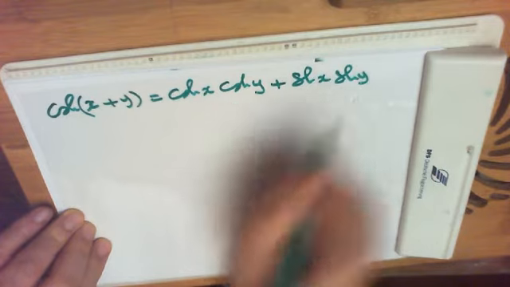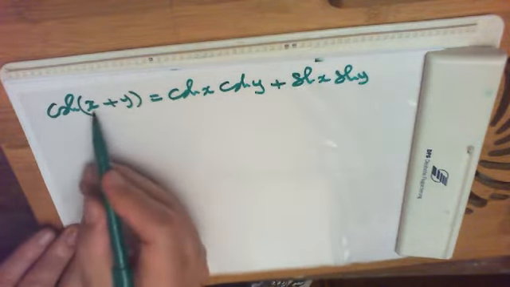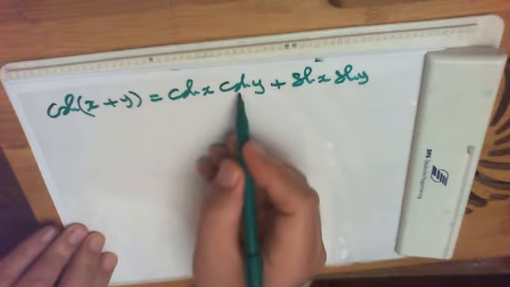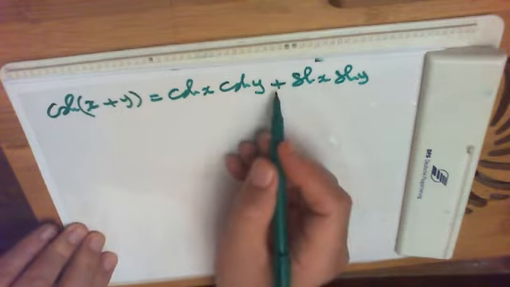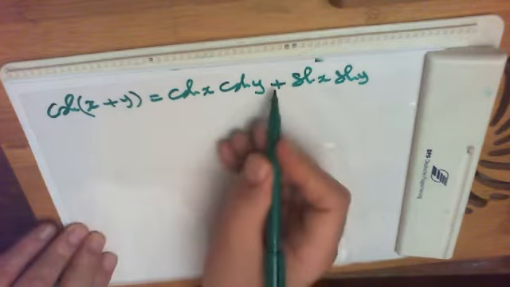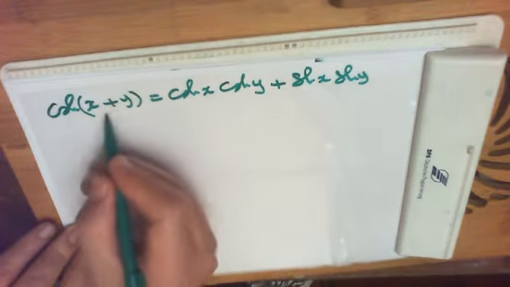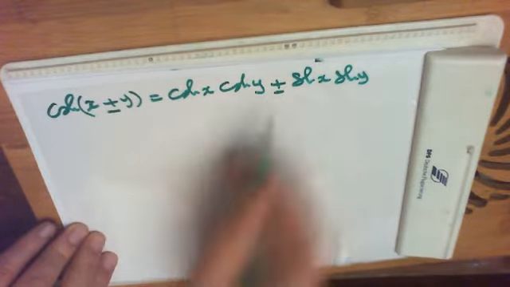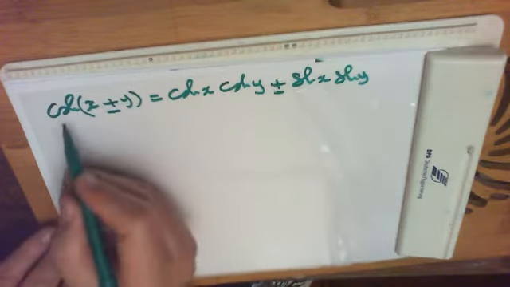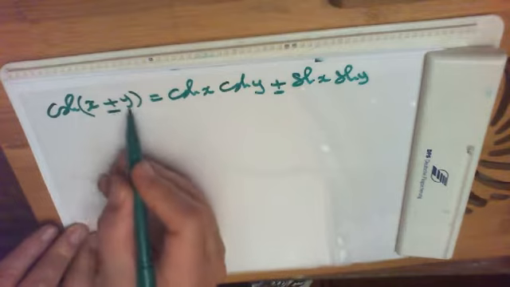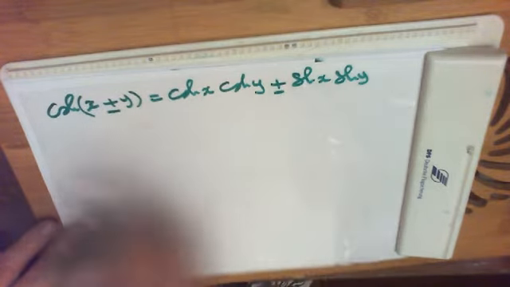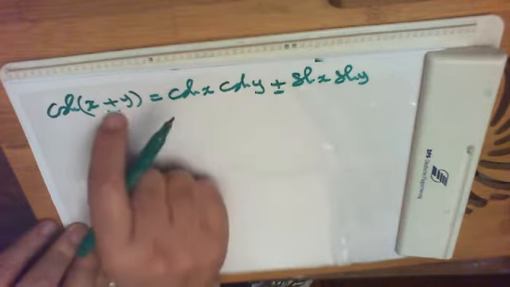In trigonometry, cosine(x plus y) equals cosine first angle cosine second angle minus sine sine, the sign is reversed. Why, in hyperbolic functions the sign is the same. If it is plus, here is plus. If it is minus, here is minus. While in case of trigonometric functions, cosine(x minus y) is cosine x cosine y plus sine x sine y. Okay? Let us prove it for the positive sign.